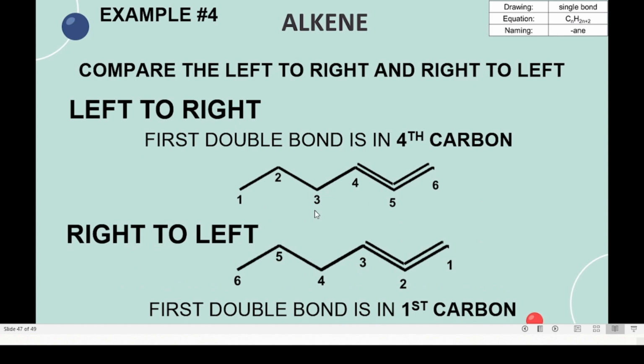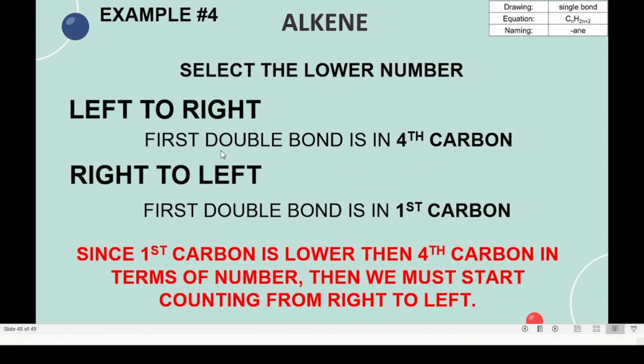So once we have identified both, select the lower number. From left to right, the first double bond is at the fourth carbon. From right to left, the first double bond is at the first carbon. Since 1 is smaller compared to 4, therefore we start numbering from right to left.